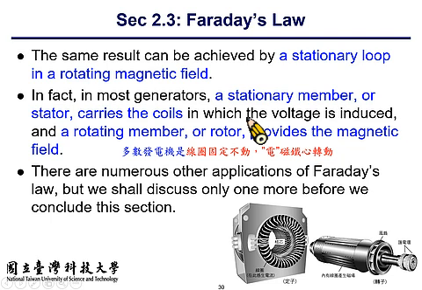As you can see from here, for most generators, a stationary member, or the stator, carries the coil in which the voltage is induced, and the rotating member, the one in the middle, is the one that provides the magnetic field. The magnetic field is also provided by electricity. But as long as the electricity produced by the generator is more than the electricity provided to maintain the magnet, then this is a cost-effective design.